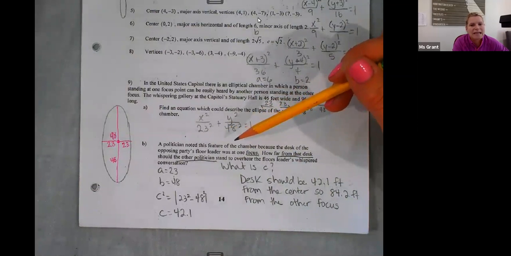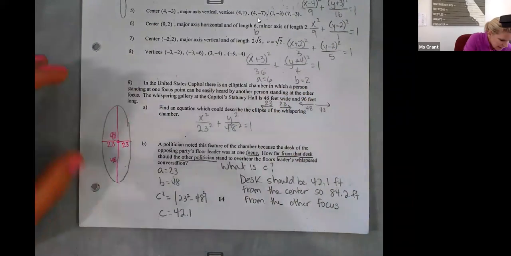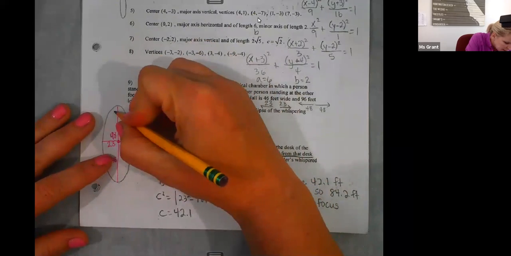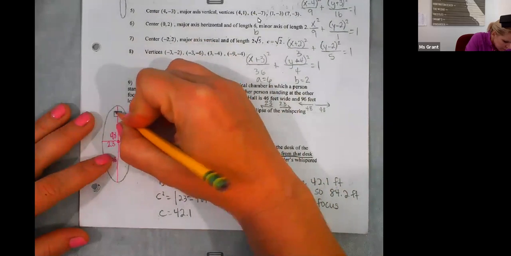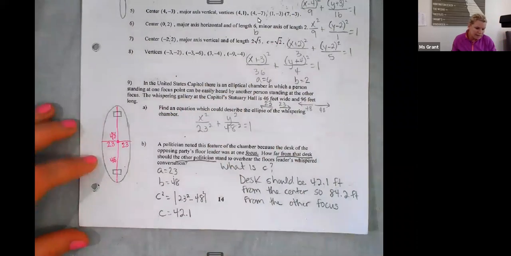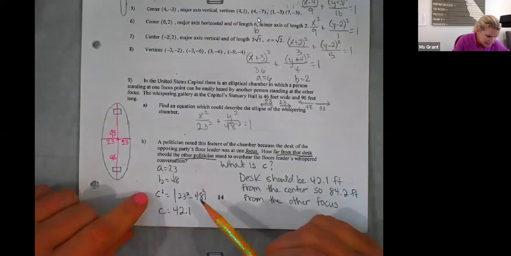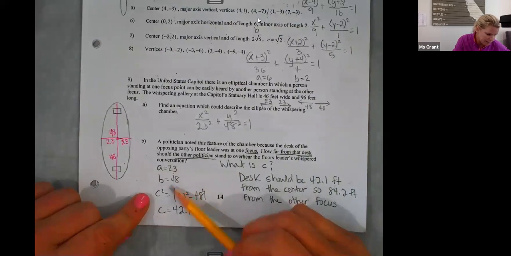A politician noted this feature of the chamber because the desk of the opposing party's floor was at one focus. So we have a desk at one end and a desk at the other end, and they're like in the focuses. So let's say the desk is right here. And then it basically is like, find the foci. Where should one stand so that they can overhear and eavesdrop, which is awful because you should not do that. So I did my A minus B to get my C squared.